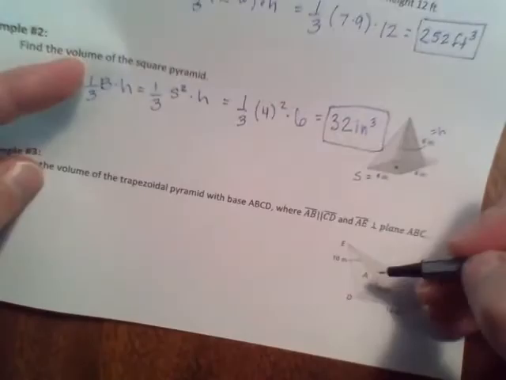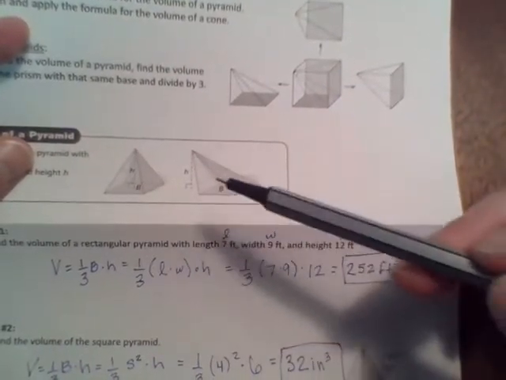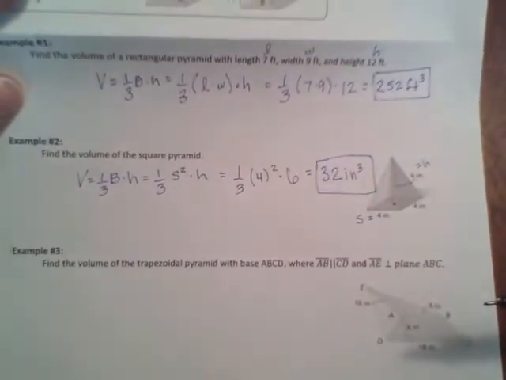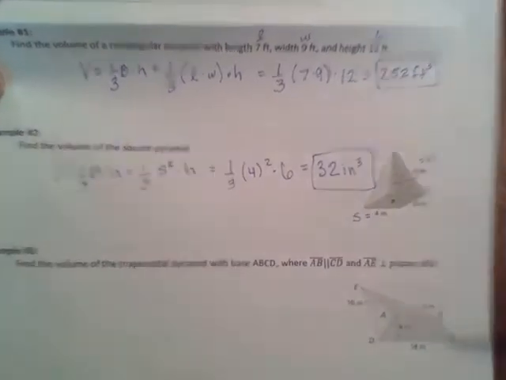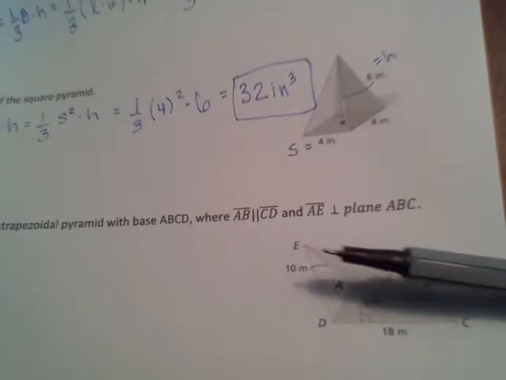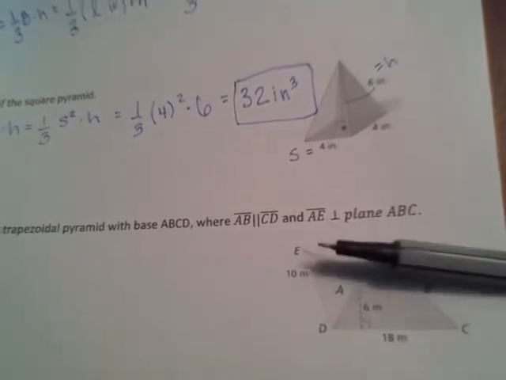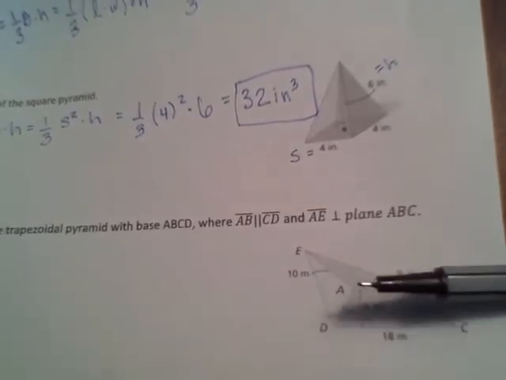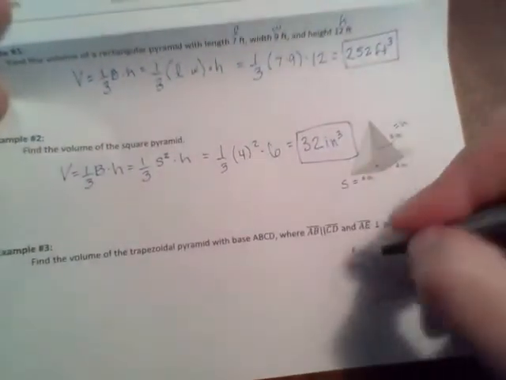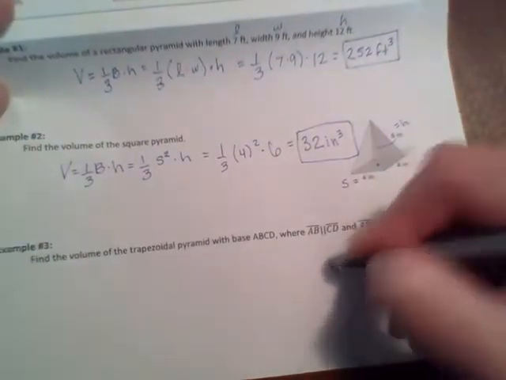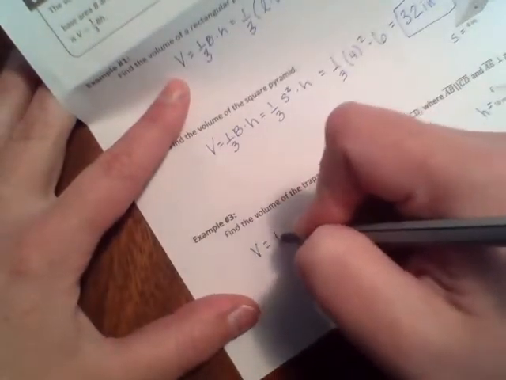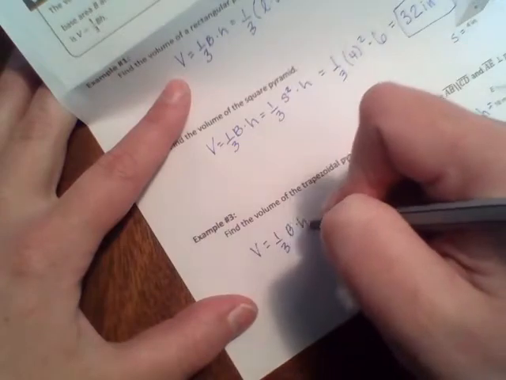Okay. So all it's saying is that it kind of has more of an oblique leaning issue. So either way, we still know what the height is going to be. They're giving that with this 10 here because A to E is perpendicular to the plane. Therefore it's the height. So 10 is our height. We are going to have to find the area of the trapezoid because our volume is a third area of the base times height.